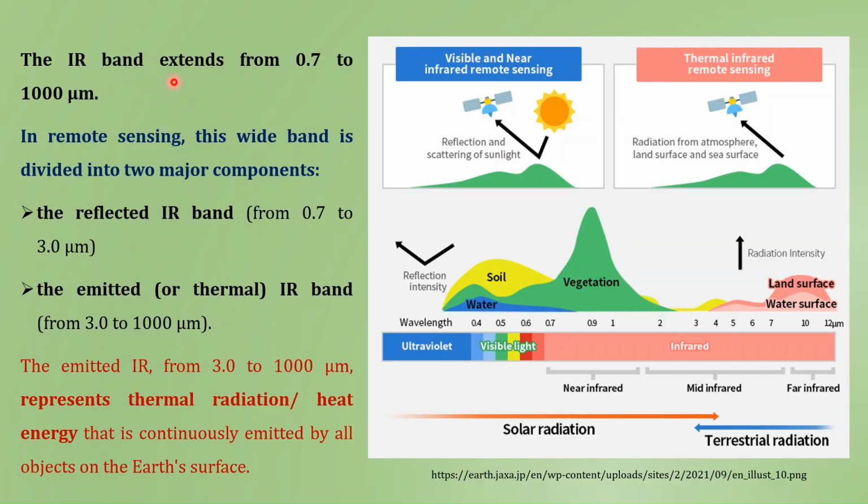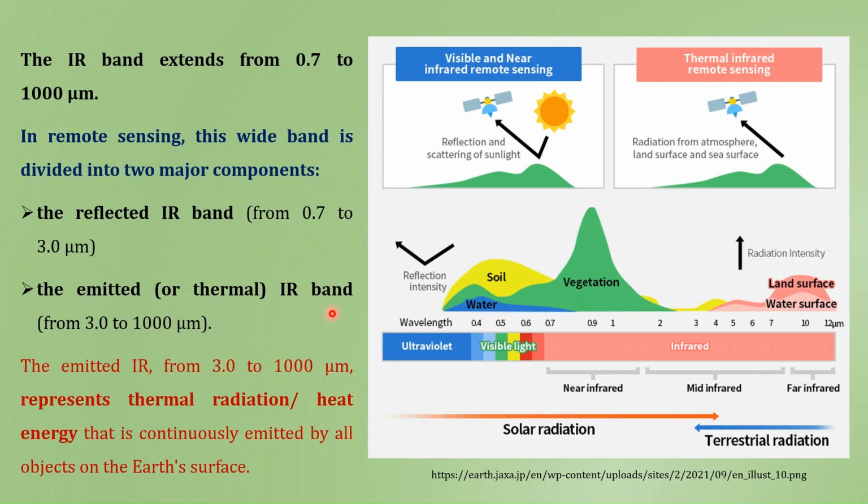As this IR band extends from 0.7 to 1000 micrometer, in remote sensing this wide band is divided into two major components. The reflected IR band that ranges from 0.7 to 3 micrometer, and the emitted IR band that ranges from 3 micrometer to 1000 micrometer.